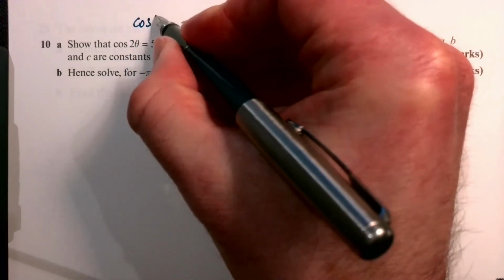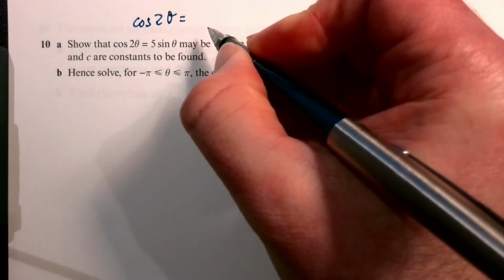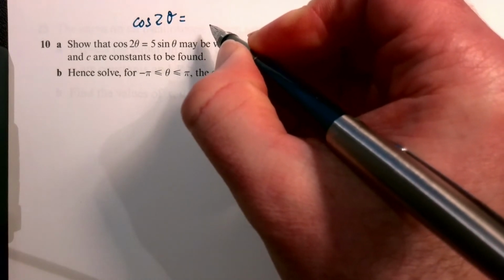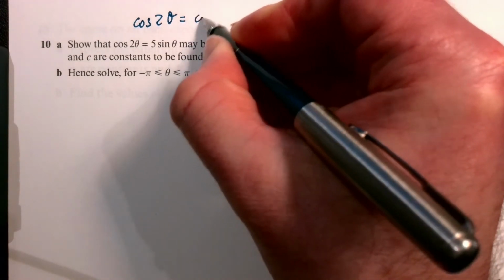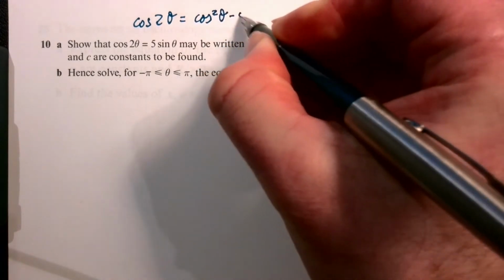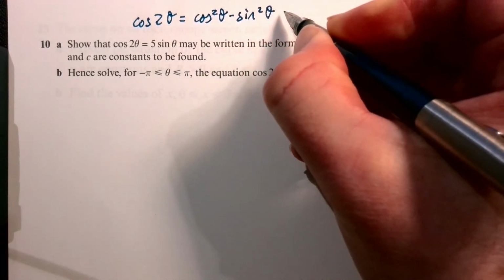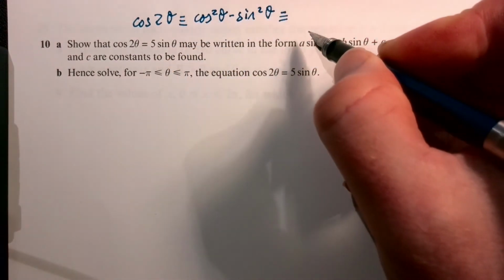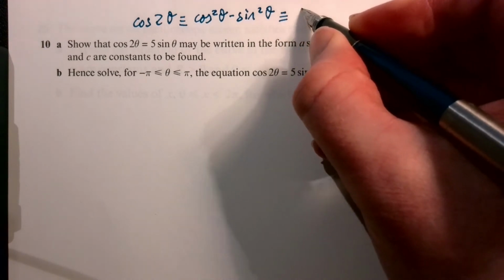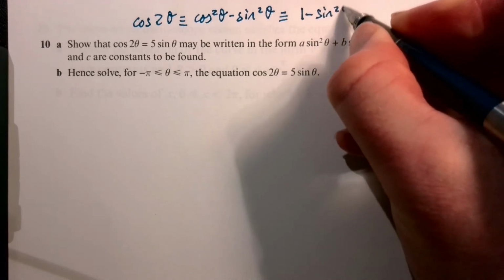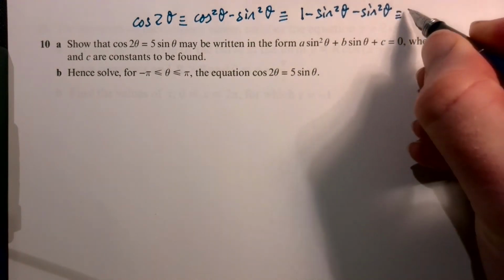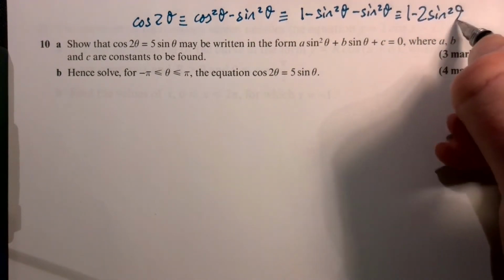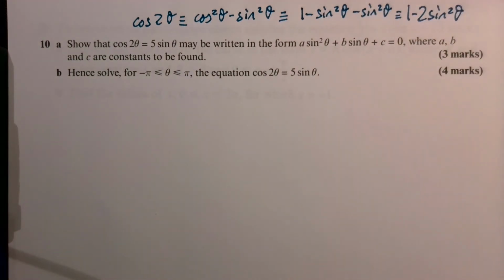Just remembering, if you look in your formula booklet, you get cos A cos B minus sine A sine B. So that's going to become cos squared alpha minus sine squared alpha, and then we can use the identities that we know that we can call cos squared alpha 1 take sine squared alpha, and if we take sine squared alpha again, so that's replacing that with that, that gets us 1 take 2 sine squared alpha, just in case you are confused about that.